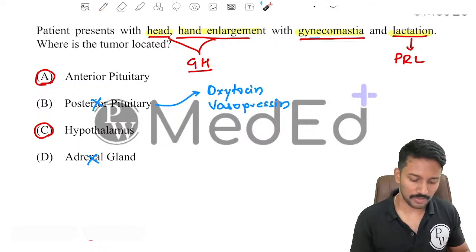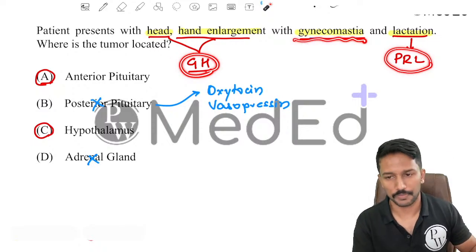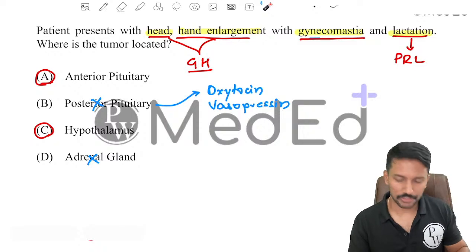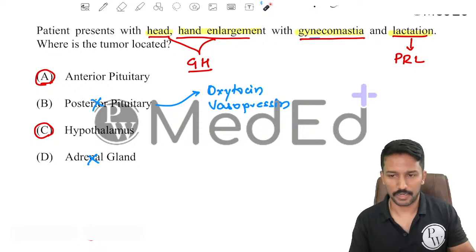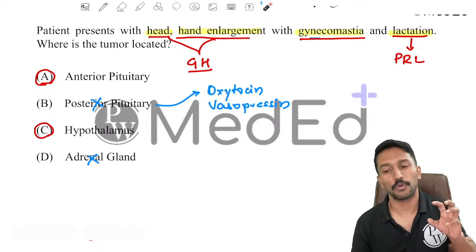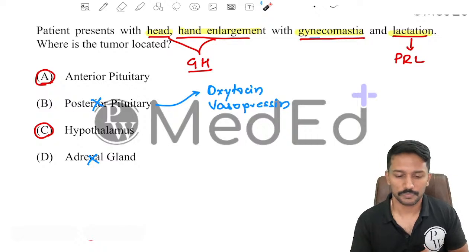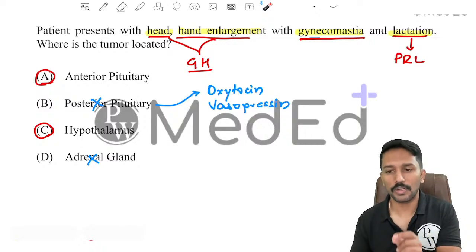So I have to explain the condition by looking at prolactin elevation, growth hormone elevation, and also imbalances with FSH, LH. So if all of them are getting affected, from which structure are all of these hormones coming from? Pituitary gland, right? But have you heard of a pituitary tumor producing multiple hormones? Unlikely, because pituitary tumors are monoclonal in origin.